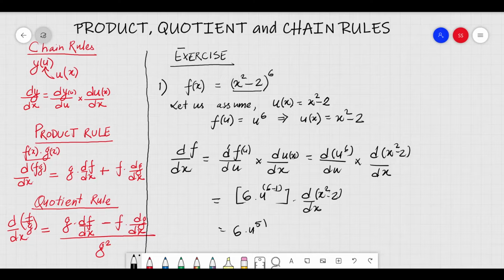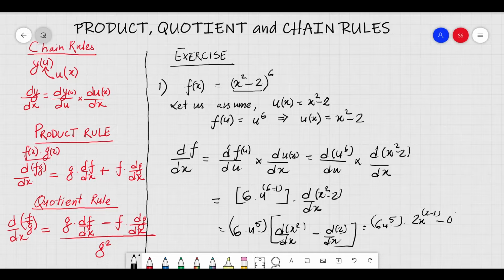Let's simplify this one, and using the formulas that we went through in our last video, we can say it is the derivative of x squared with respect to x minus the derivative of 2 with respect to x. So it would be 6 u to the power 5 times (2x to the power 2 minus 1, minus 0).